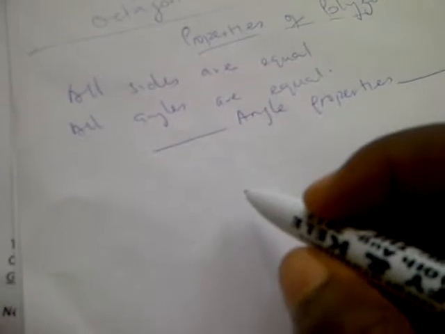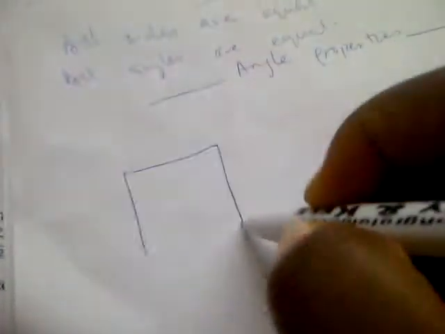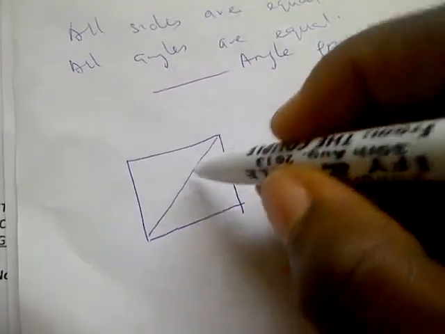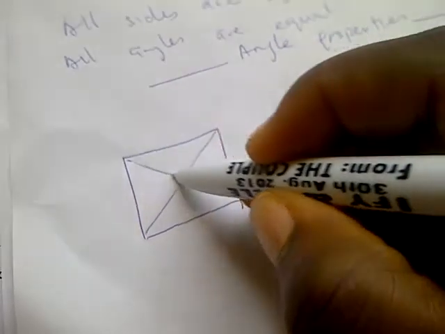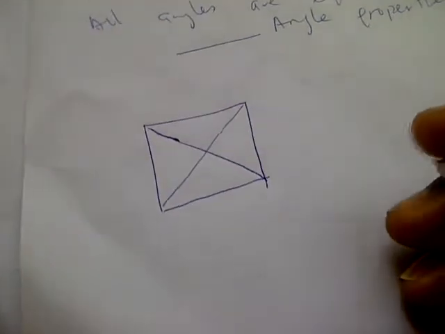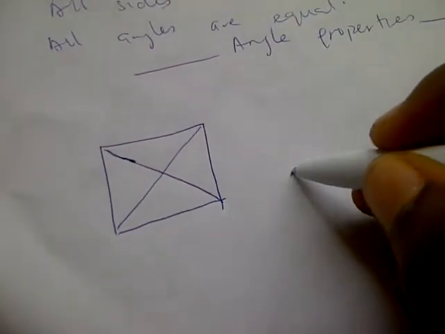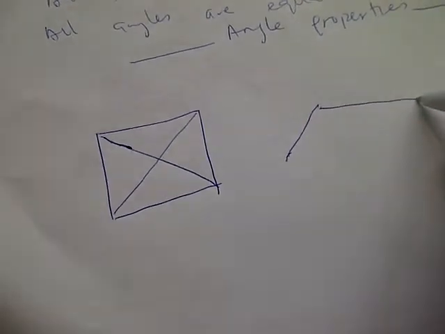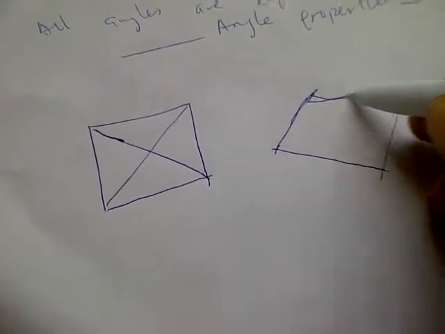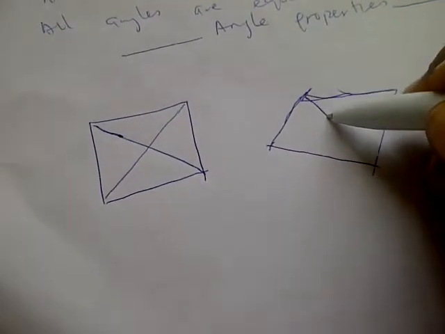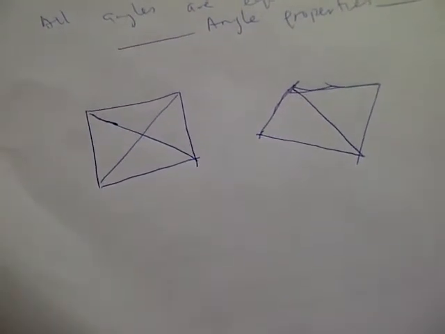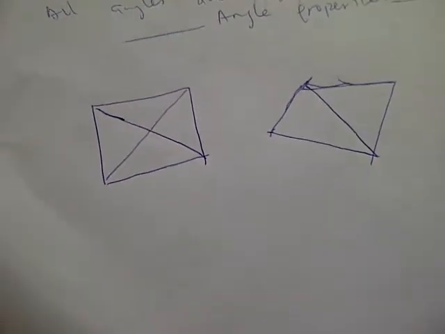Talking about angle properties, if you have a quadrilateral like this, a square, and we draw a line like this, it's going to divide the quadrilateral into 2 triangles.